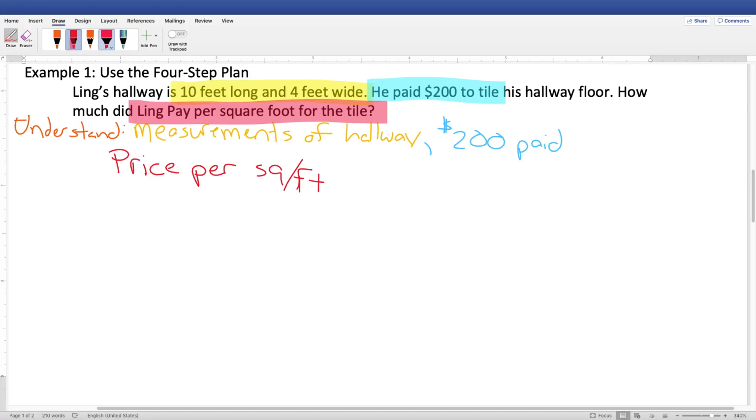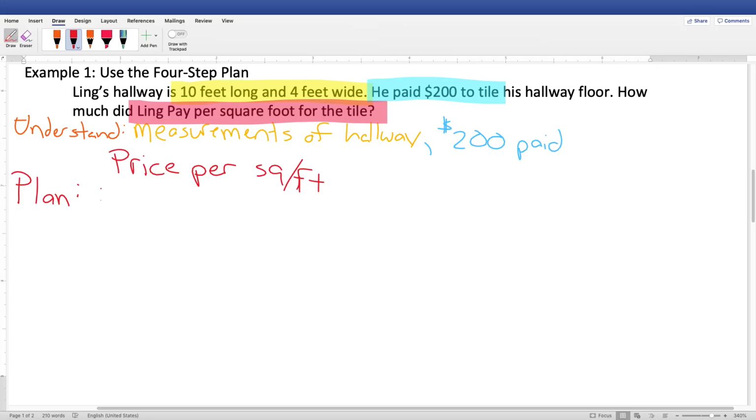After we understand the problem, then we are going to plan the solution. And what plan the solution really means is, hey, we're going to define the variable and we're going to write the equation. So what we don't know is this price per square foot. So we're going to introduce a variable. Since this is the first time introducing a variable, I want to tell you this is what we're going to write.